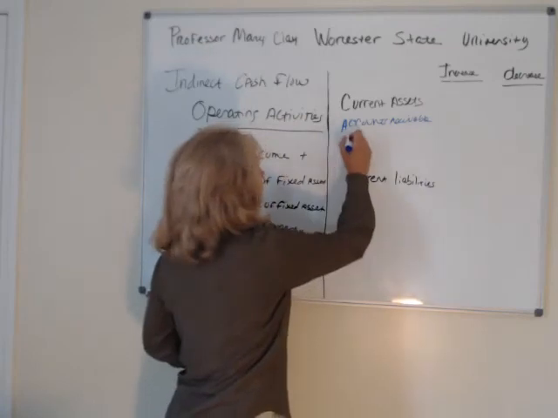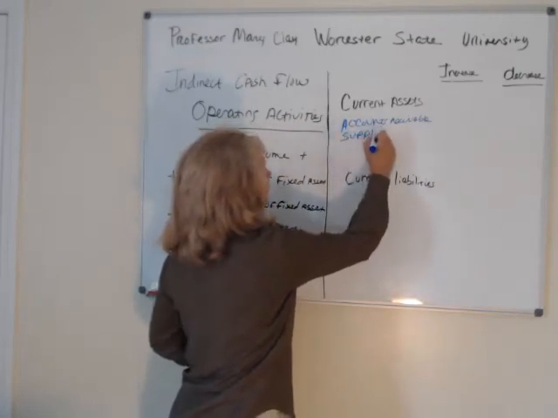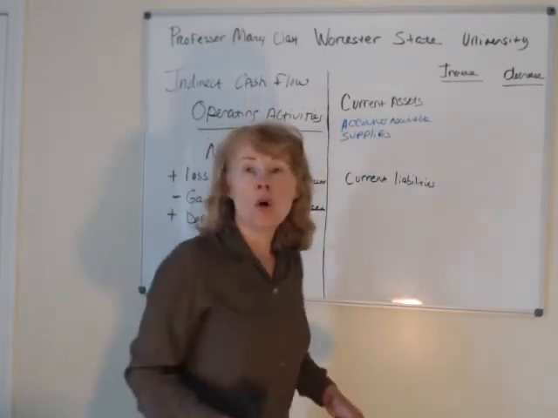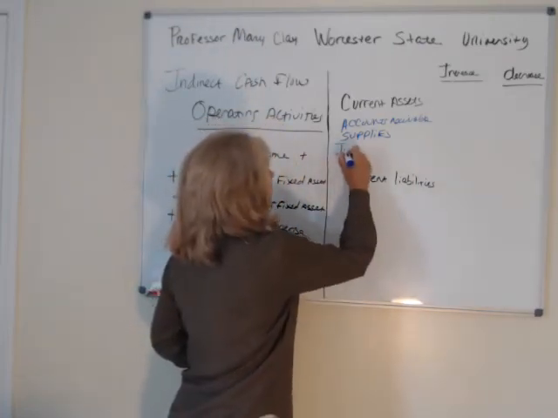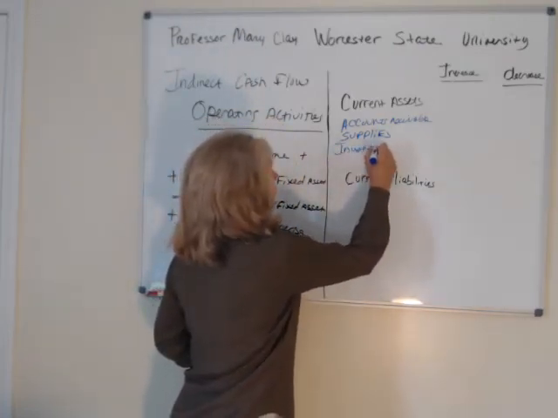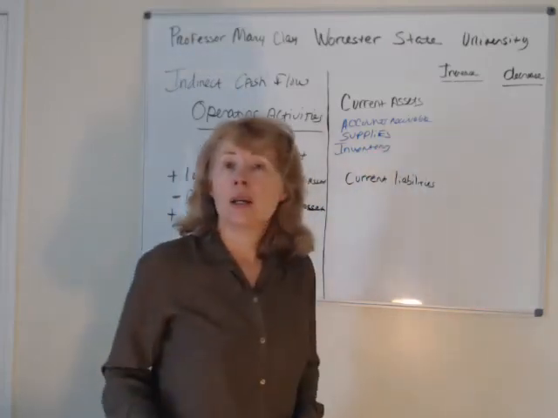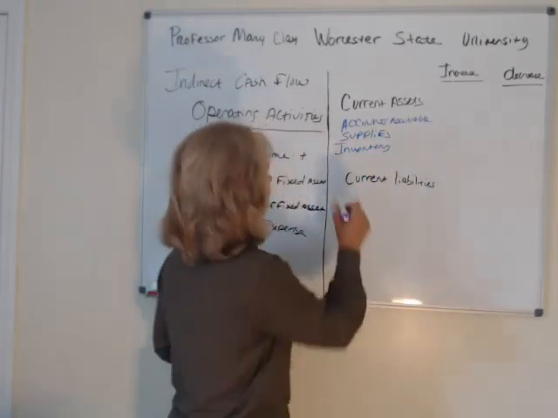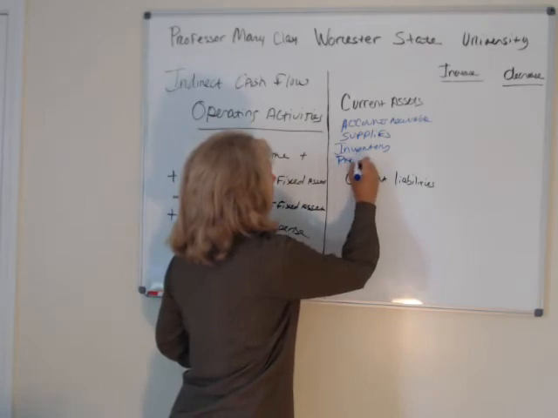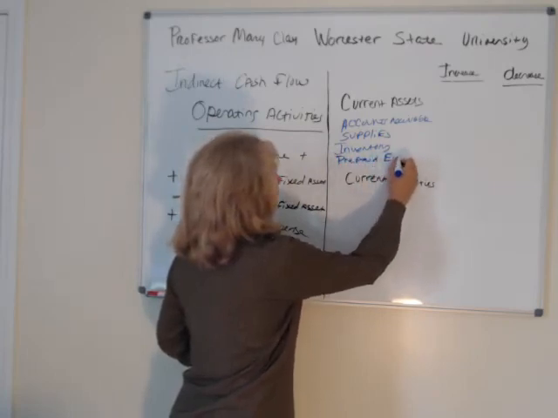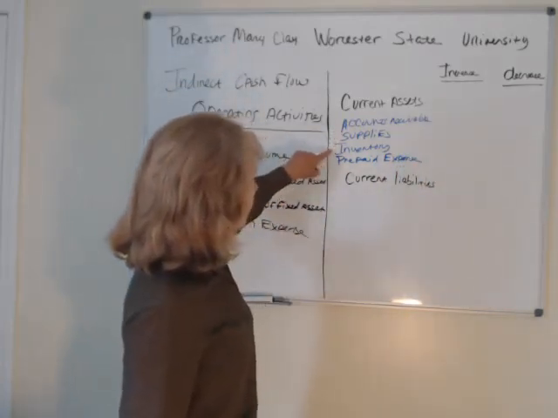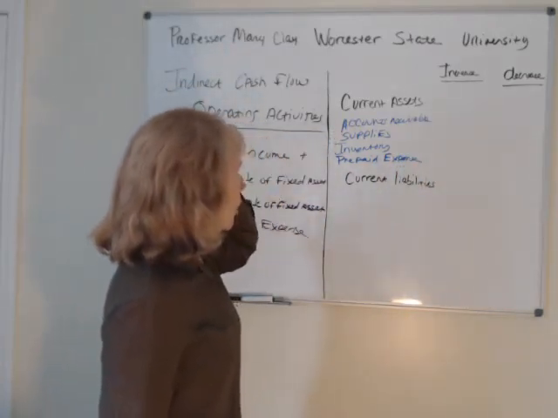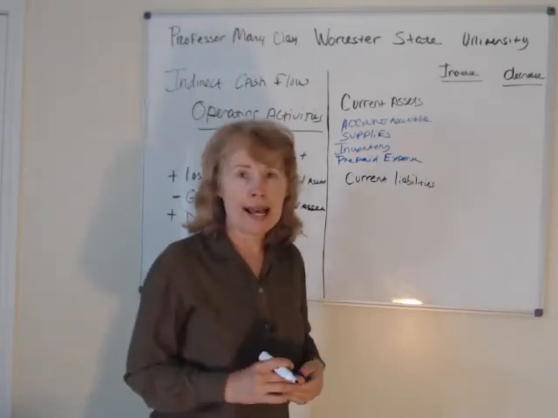Supplies. More. Remember, 1 year or less. Remember, inventory. Prepaid expenses. Okay, so accounts receivable, supplies, inventory, prepaid expense, those are all current assets.